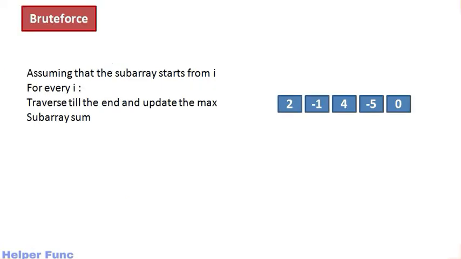Now the brute force approach to solve this problem would be, we assume that the subarray starts from i. And now for every ith index, we will traverse till the end and update the maximum subarray sum. So looking at this example, let's say i is at the start index. We will take another loop starting from i.